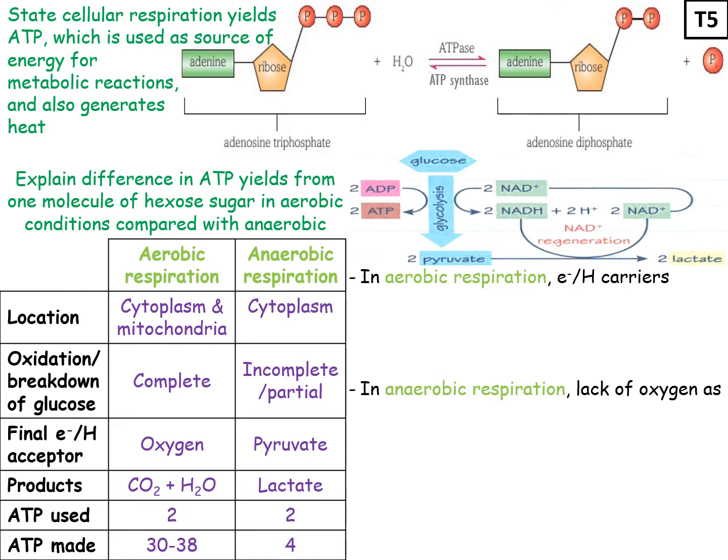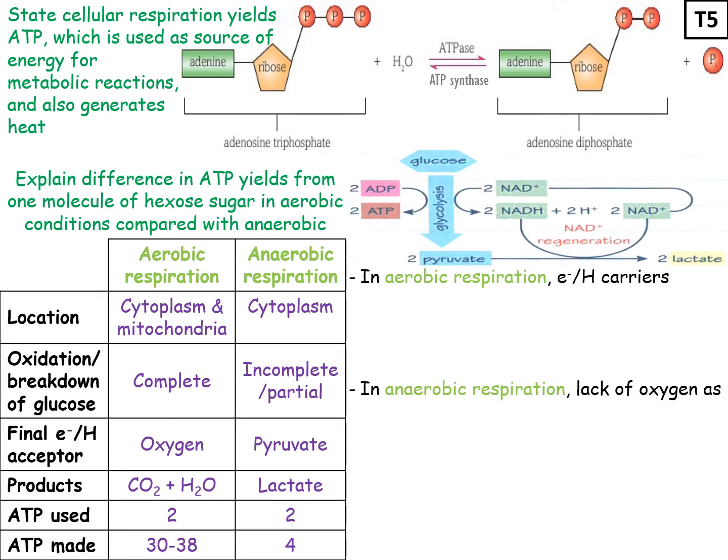Both aerobic respiration and anaerobic respiration use two ATP molecules at the beginning in glycolysis, but the amount of ATP made in aerobic respiration is somewhere between 30 to 38, depending on the conditions, per molecule of glucose, whereas it's only 4 in anaerobic respiration.